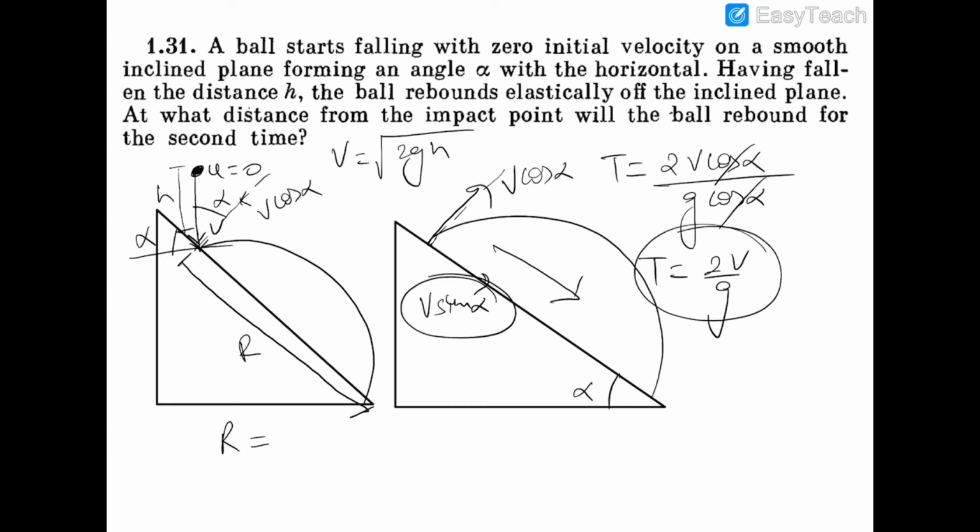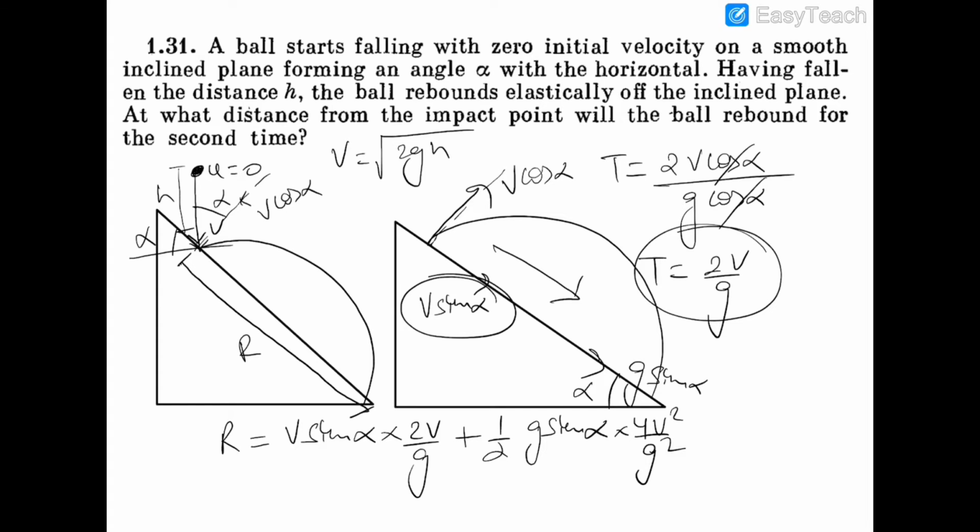This is V sin alpha, the velocity along this direction, and time is 2V by G. Acceleration in this direction is G sin alpha, so this is G sin alpha into t square, which is 4V square by G square. So this range is 2V square sin alpha by G plus 2V square sin alpha by G.